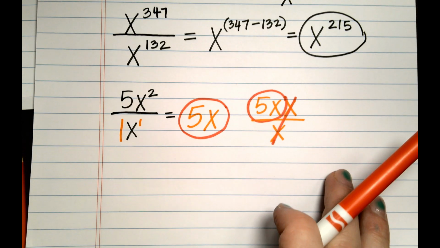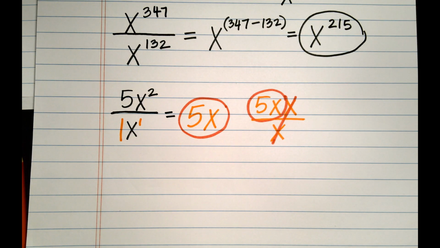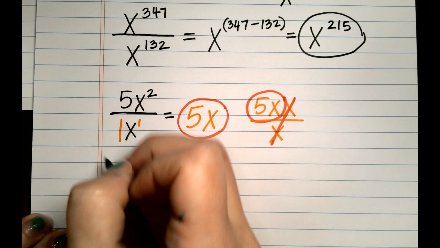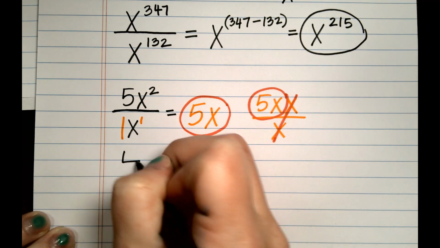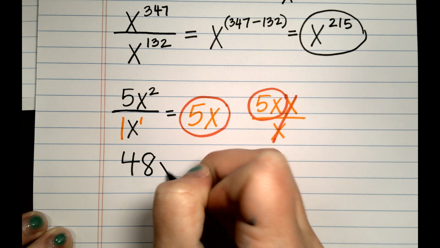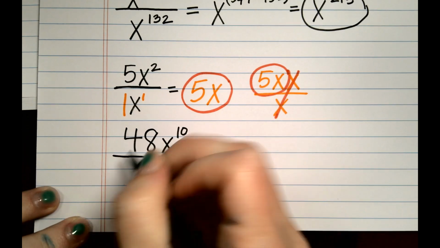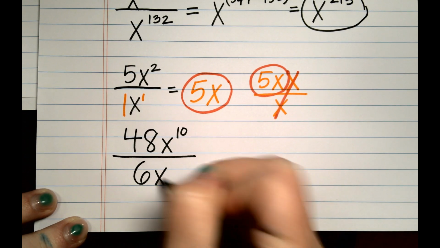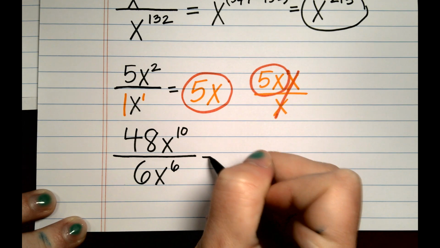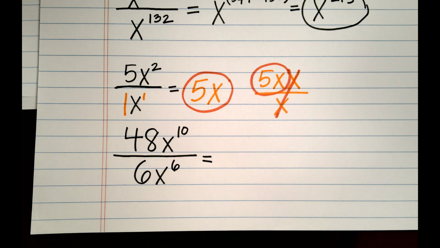Okay, let's do one last example for this. Now let's do something tricky. 48 x to the 10th power divided by 6x to the 6th power. Very close. 8x to the 4th power.